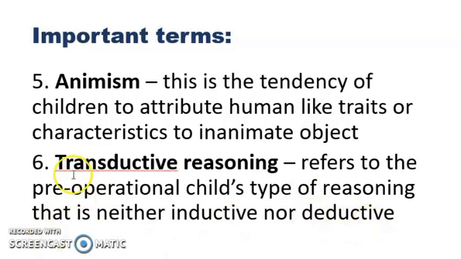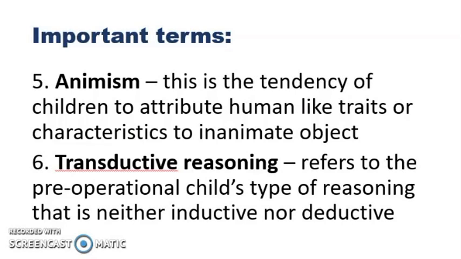Okay? Next, number 6 is transductive reasoning. This is the tendency of a child in the pre-operational stage of cognitive development to see a connection between unrelated instances. So they use neither deductive nor inductive means to do so.